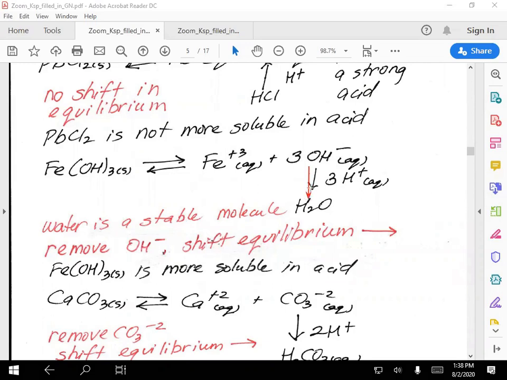You're pulling away product. When you pull away product, you shift towards the products. And in this situation with a salt, if you're shifting towards products, that salt is more soluble. So this iron 3 hydroxide is more soluble in acid.